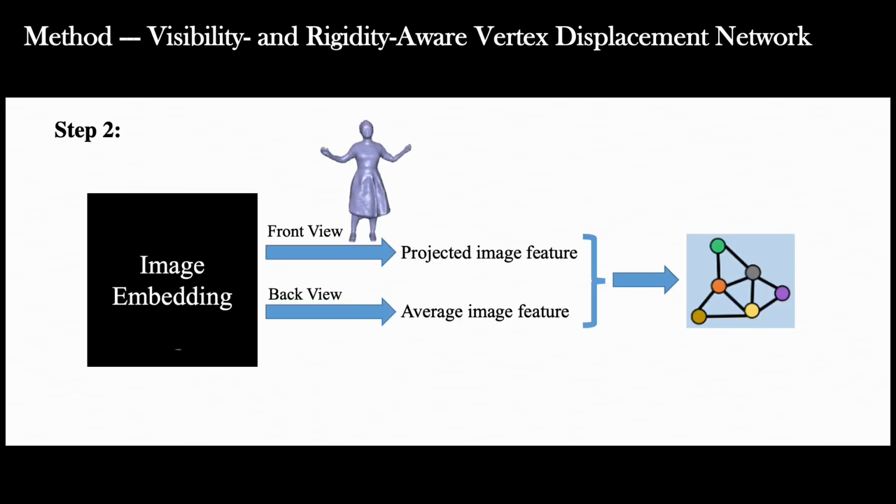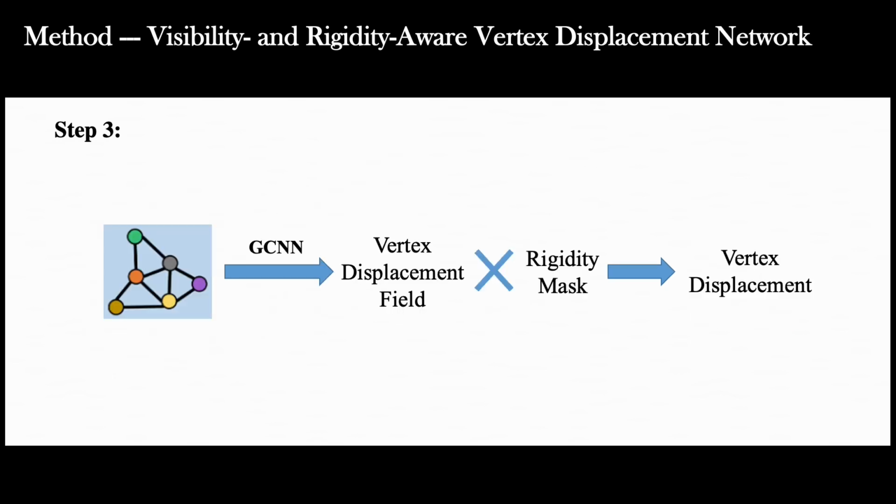If a vertex on the mesh is visible from the input view, we then assign the corresponding projected image feature to it. For occluded vertices, we assign the average feature. So each vertex will be assigned a feature which forms the graph.